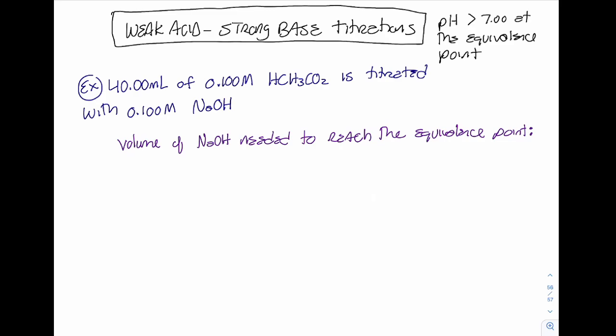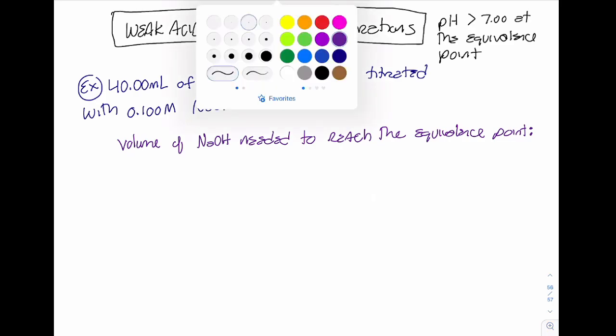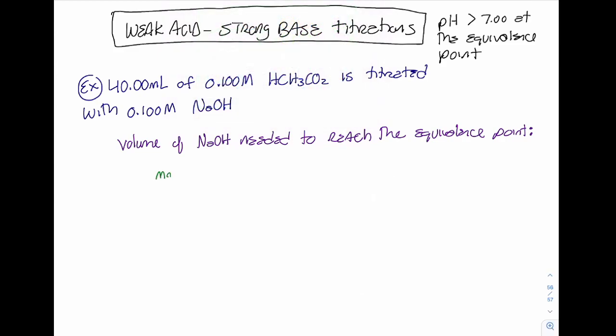So I'm going to calculate my millimoles of acid by taking my volume in milliliters and multiplying it by my molarity, which I'm looking at as millimoles per milliliter.